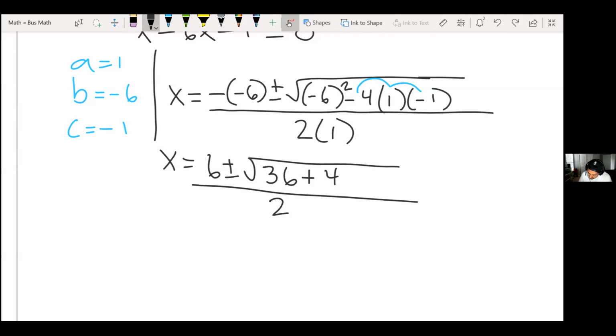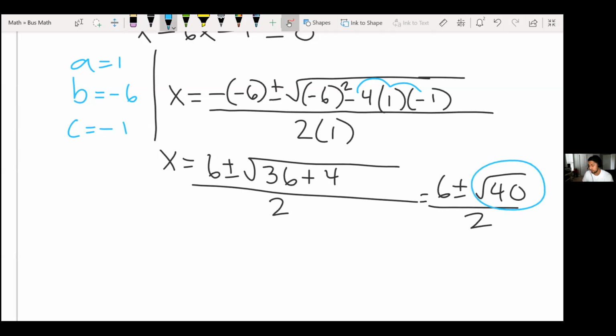So this becomes 6 plus or minus the square root of 40 all over 2. And now we have to break down the square root of 40. Okay, so over here, I'll do that. Square root 40 becomes, pick two numbers.